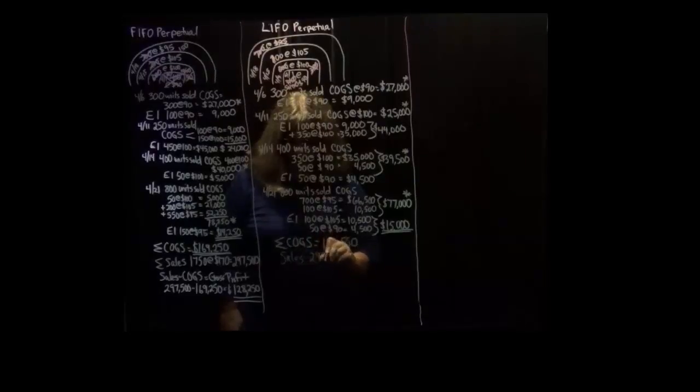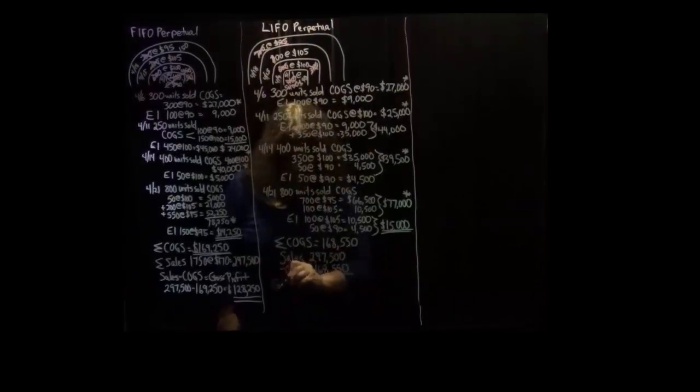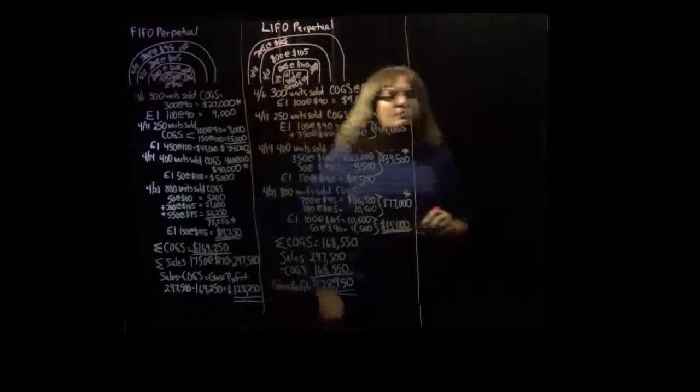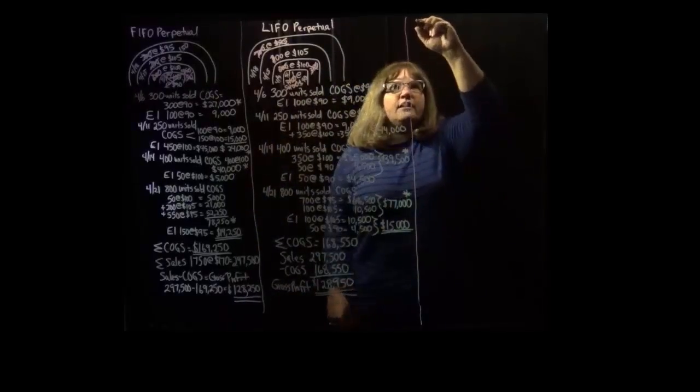So the 297,500 minus the cost of goods sold, which under this method is 168,550, that would then leave us with gross profit of 128,950. The third method we were asked to use is the weighted average unit costing.